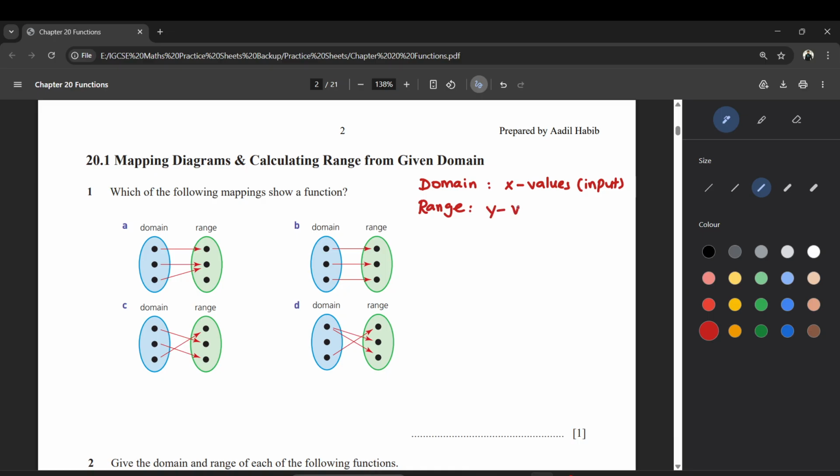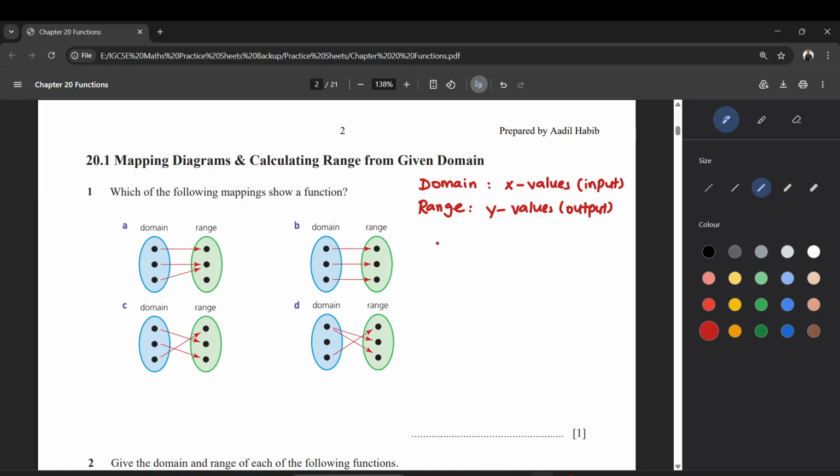Range is the y values, which are the output of a function. The domain tells you what values x can take for a given equation. Range tells you what the y values will be as the output, based on the input that you have given to the function. So range is the output, the y values, and domain is the input, which are the x values. That's the first thing.